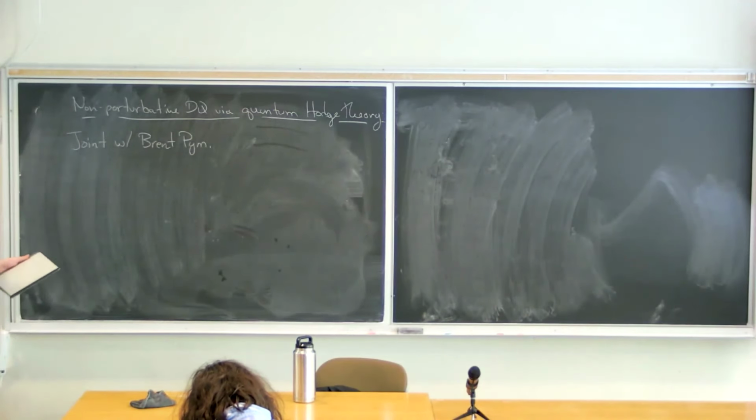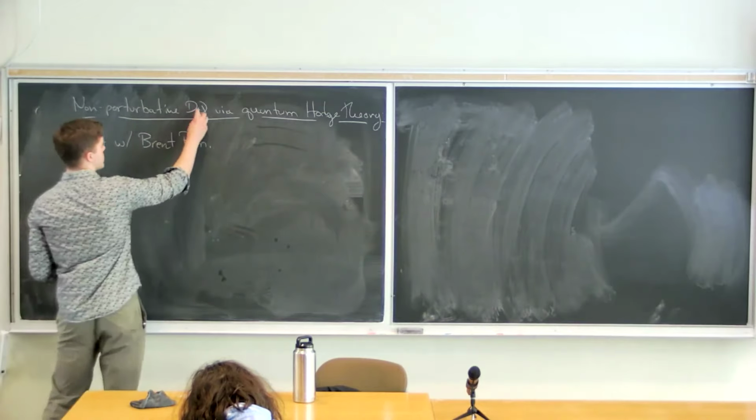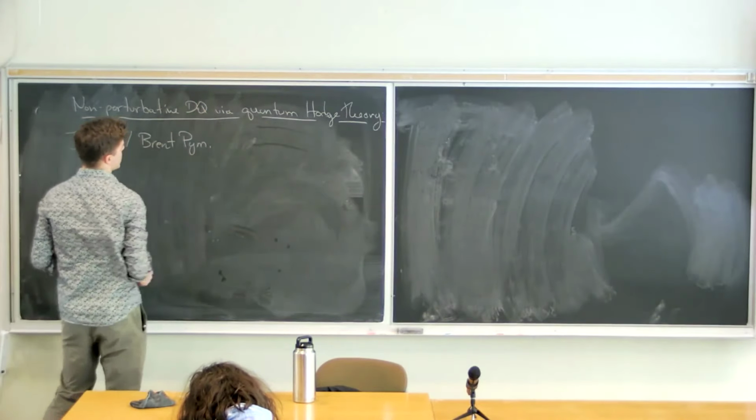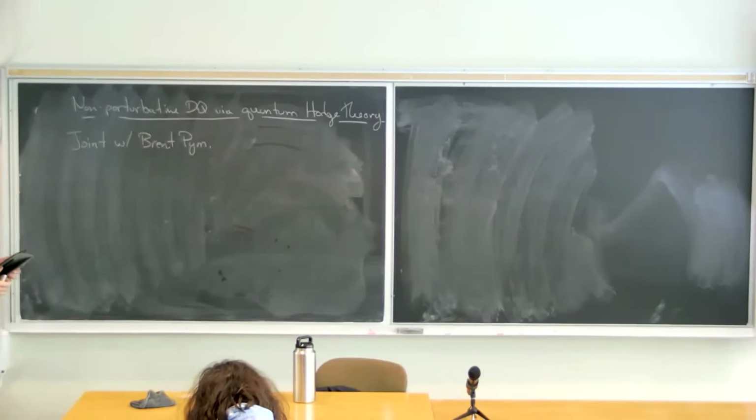So the idea is that one can use techniques from Hodge theory and non-commutative geometry to calculate exact results in deformation quantization. As I want to explain, it's generally a really difficult problem to calculate deformation quantizations non-perturbatively.